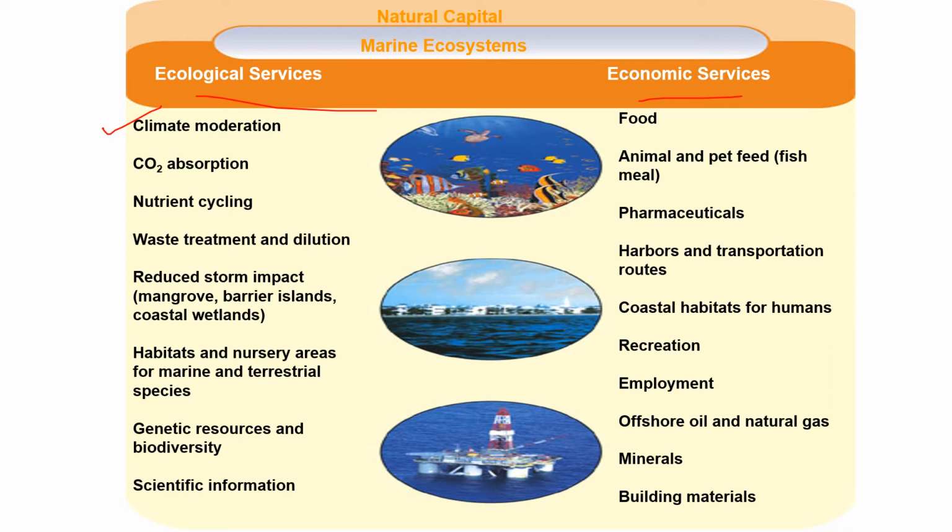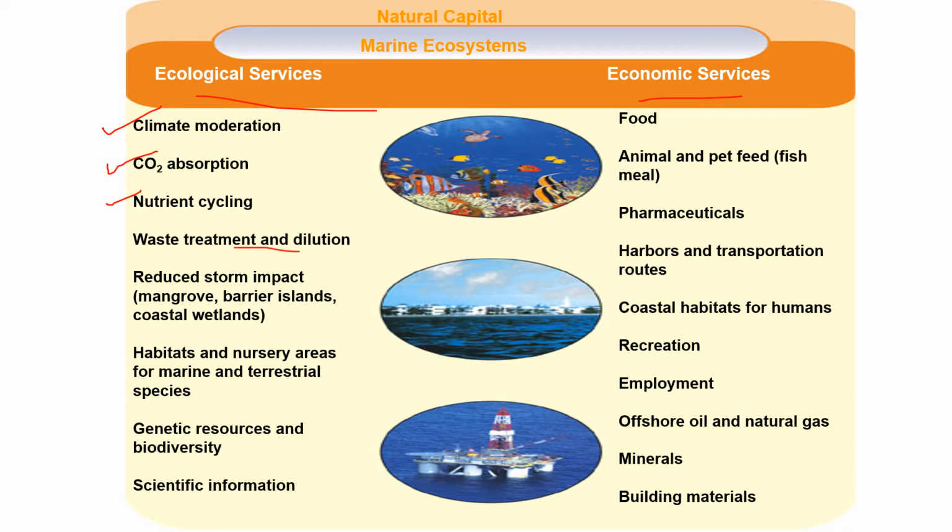These are events that are global climate changers. The ocean is also a CO2 absorber, absorbing tons of CO2, and it is the main sink of CO2. And for nutrient cycling, any type of nutrient, the phosphorus, nitrogen and carbon cycles, the ocean plays a major role in the cycling of nutrients.